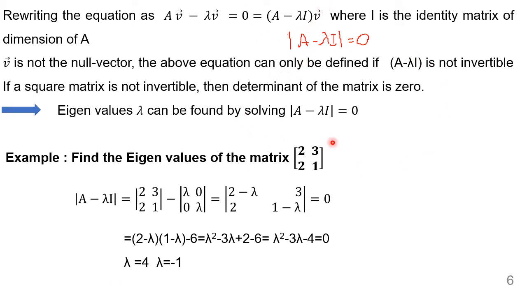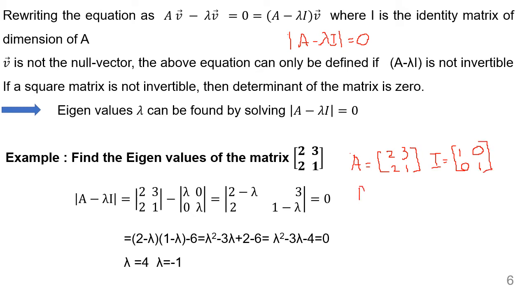Let us try to calculate the eigenvalues of a given matrix, which is defined as [2, 3; 2, 1]. So let us call this matrix A equal to [2, 3; 2, 1]. Now it is a 2 cross 2 matrix. Therefore, I define I, the identity matrix, as [1, 0; 0, 1].